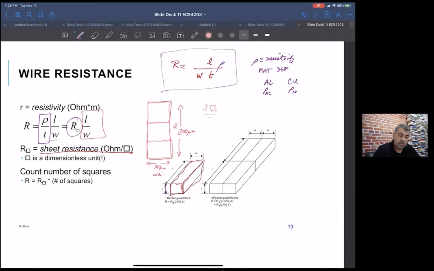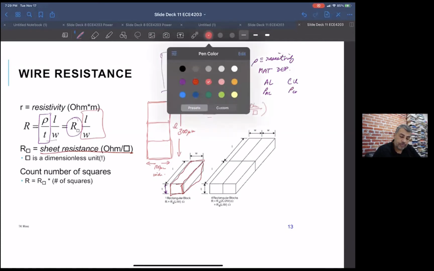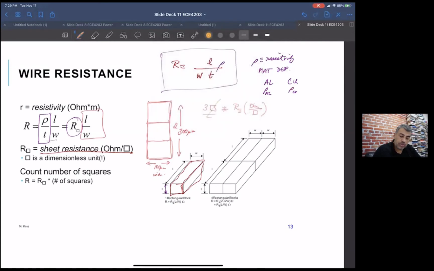And I'll just multiply that by the resistivity in terms of squares, which is given in ohms per square. Basically these squares cancel each other out and I end up with units of resistance.